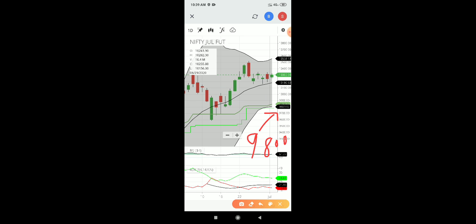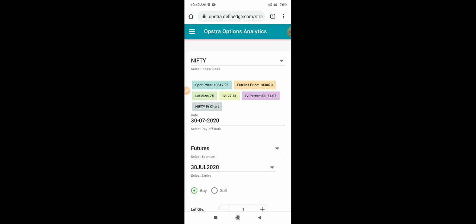Now we want to create a put credit spread. So we will sell the put strike deep to the 9,800. Let's see how it will pan out. It's July expiry.